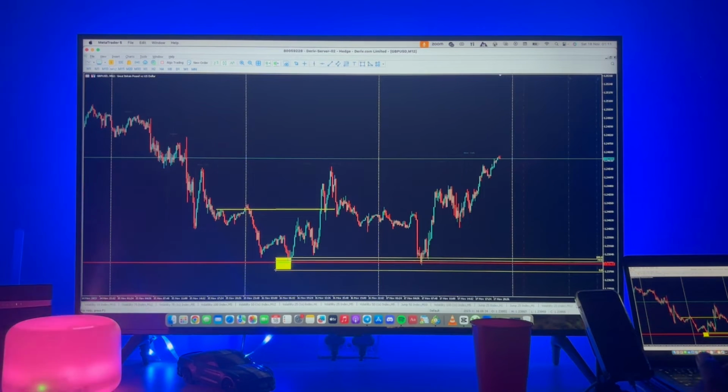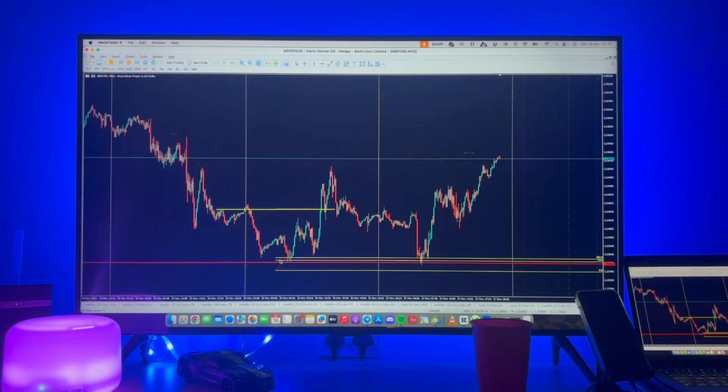And we can also use the rectangle tool, although it's not that important as well. And we want price to come down to these levels. Let me remove the yellow rectangle tool because now it's going to make a mess here.